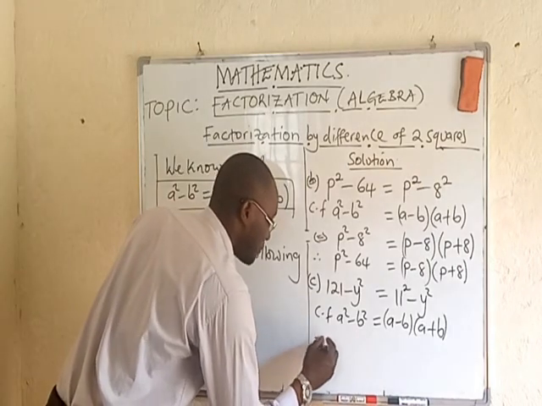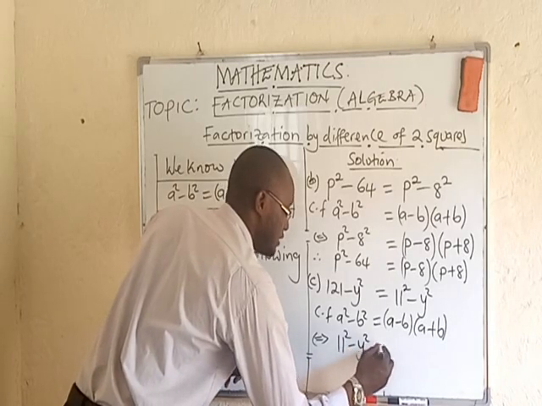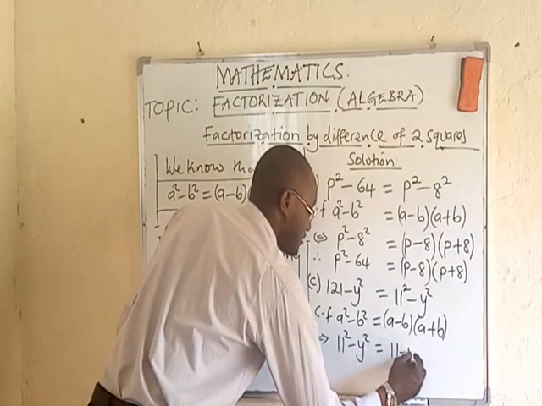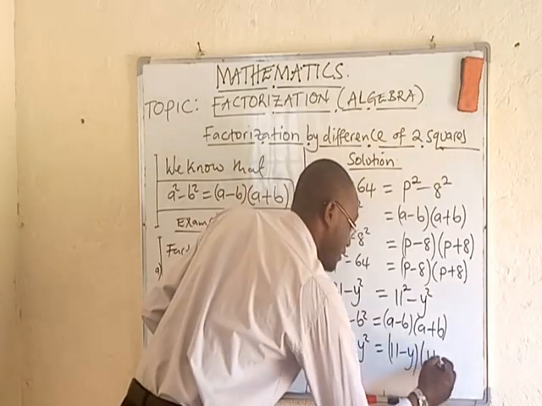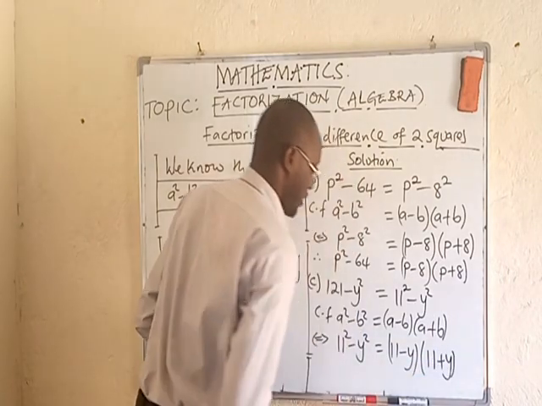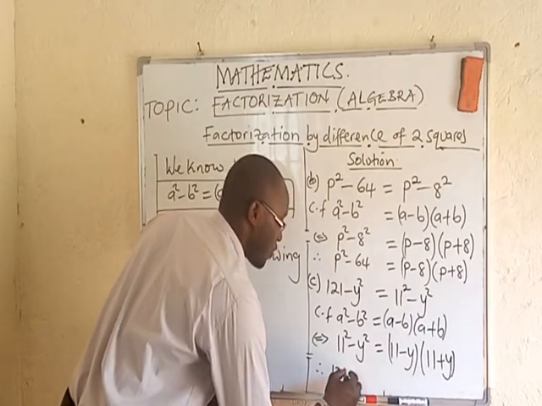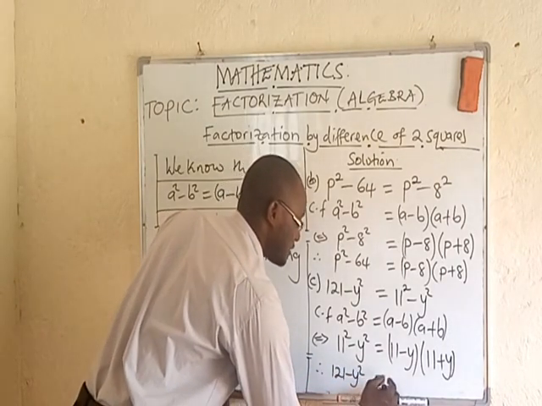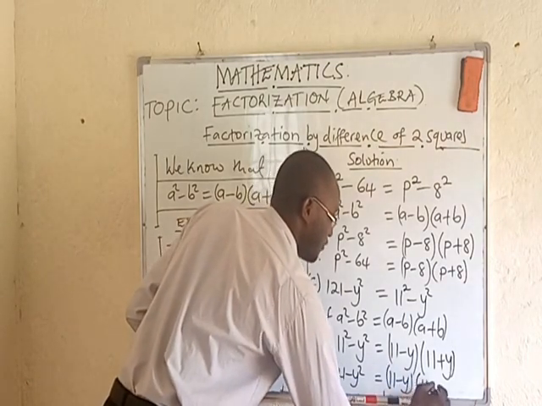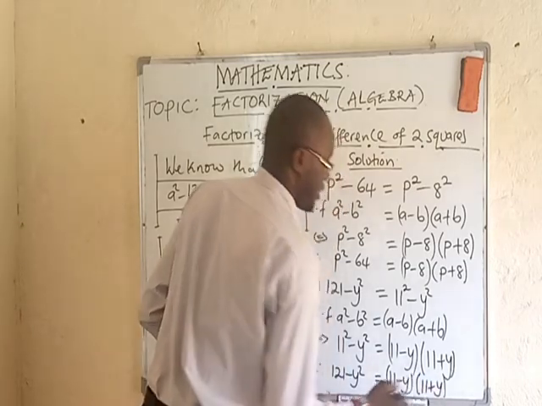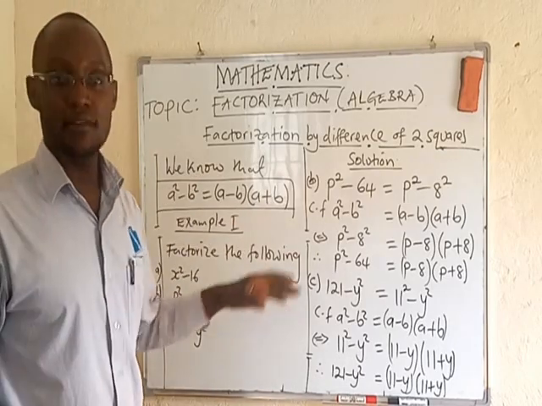So our 11 squared minus y squared is the same as 11 minus y, then into 11 plus y. Therefore, Mr. Examiner, sir, the given expression 121 minus y squared is equal to 11 minus y, brackets, then into 11 plus y. Very, very wonderful. So this is a very humble beginning as far as difference of two squares are concerned.